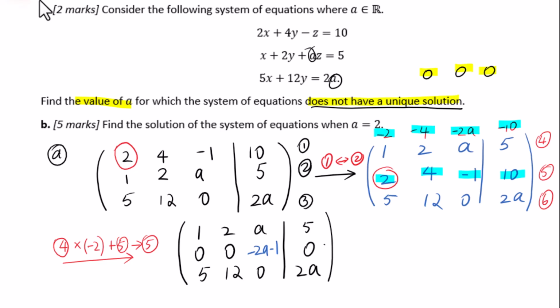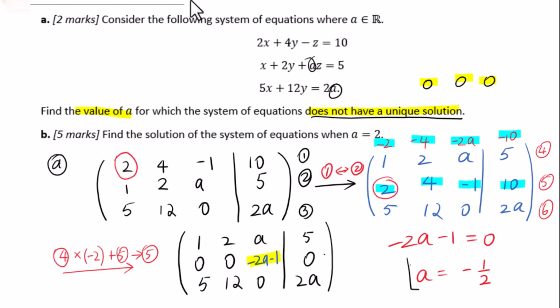We need 3 zeros in one row, which means we will make negative 2a minus 1 equals 0. a equals negative 1/2. So when a equals negative 1/2, the system of equations doesn't have a unique solution.